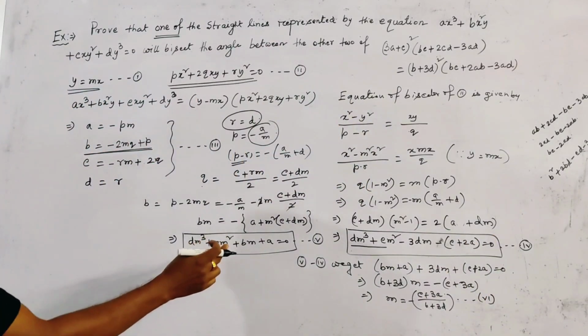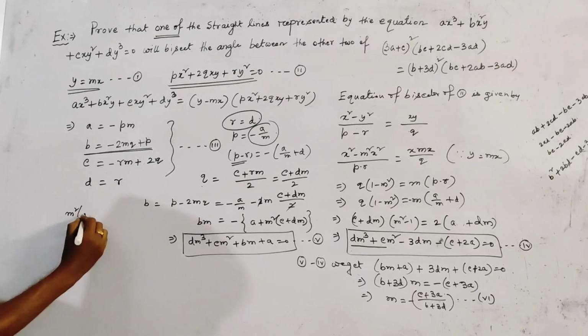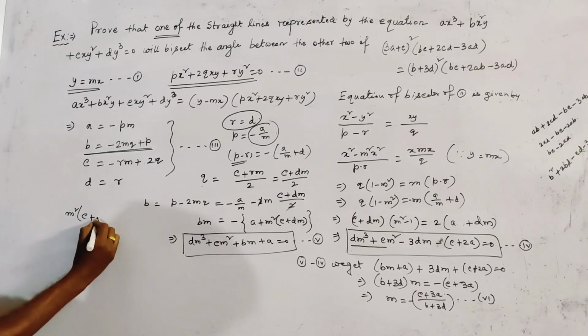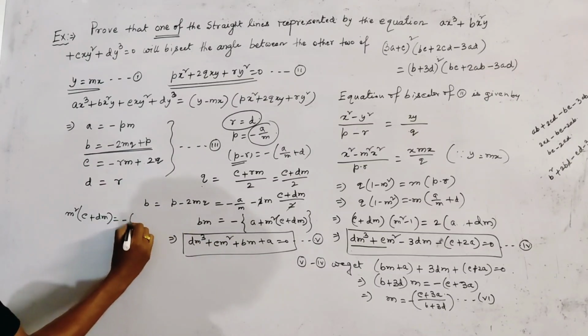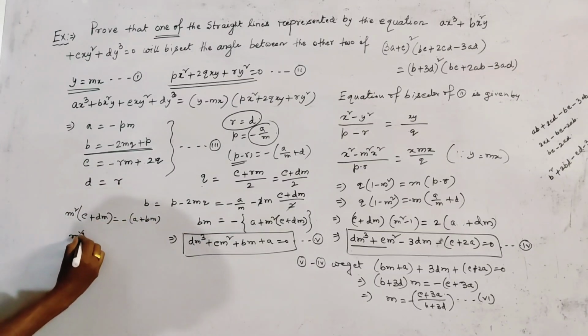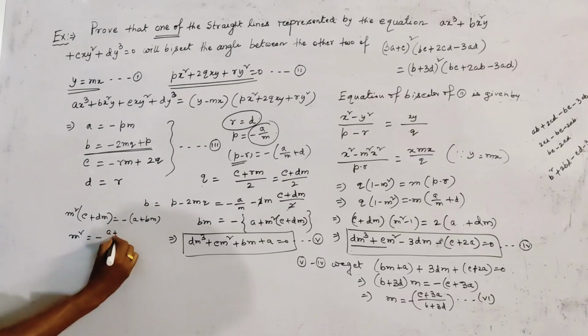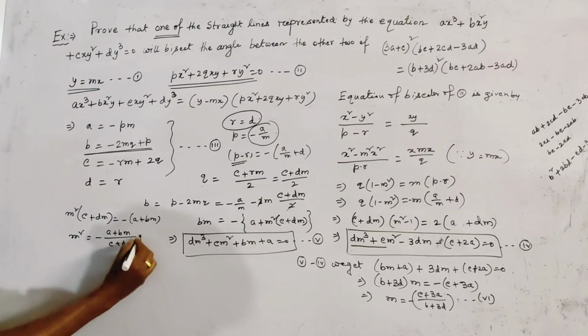Now from relation number 5, taking m square first and c plus dm, and writing minus a plus bm on the right side, m square is equal to minus a plus bm by c plus dm.